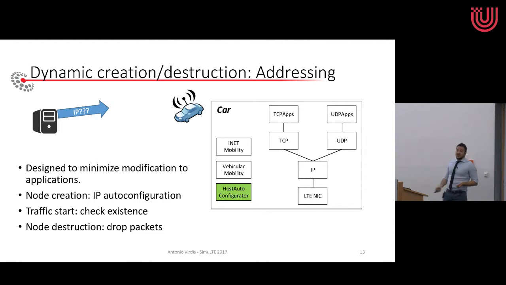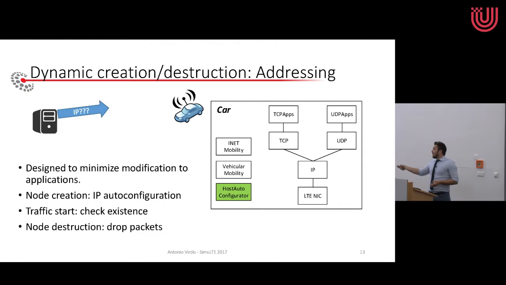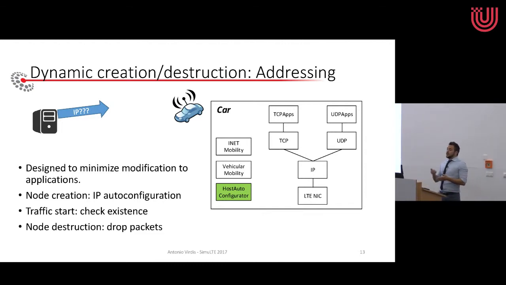At the node creation, as I said, we have the IP auto-configuration. When the traffic is started, which can be also at the beginning of the simulation, every time before actually sending packets toward the car, the traffic application will check for the existence of the actual node. So it will go in a trial and error fashion.